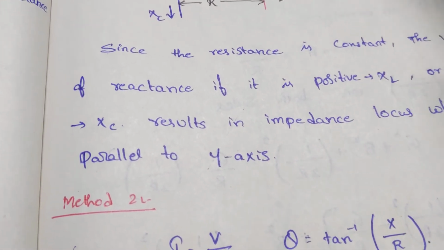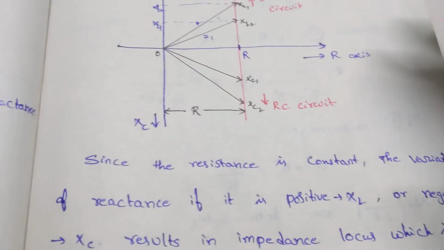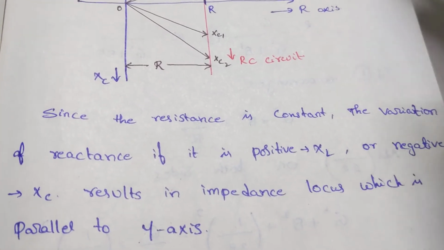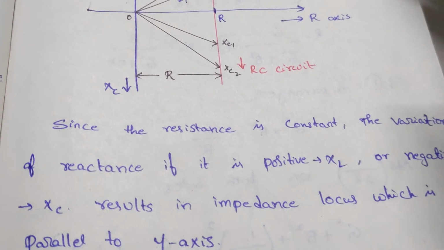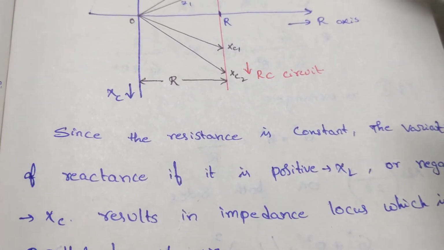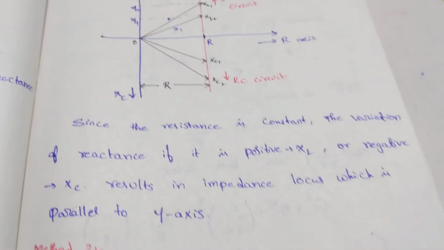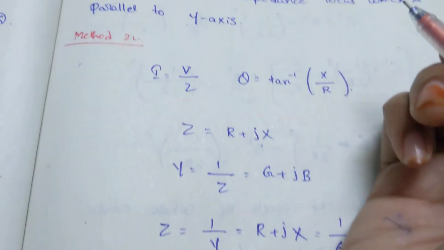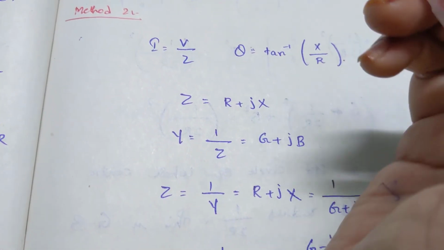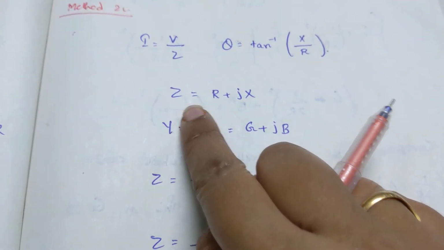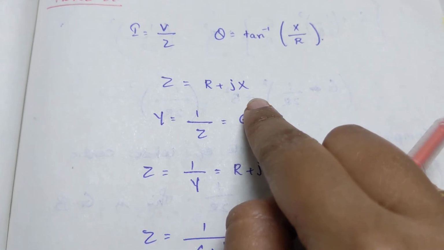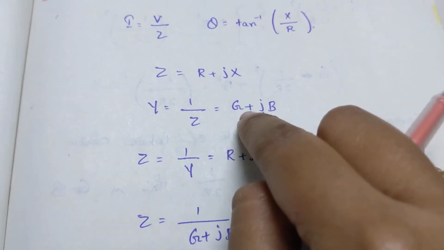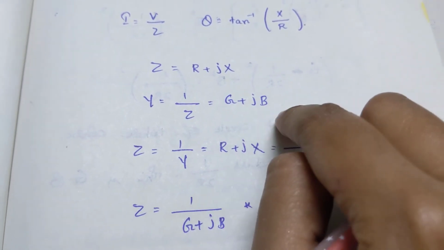The derivations we did in the previous case with respect to the current phasors, the same derivation we can also do for the impedances. Instead of I equals V by Z, we know that Z is nothing but R plus jX. The admittance is the reciprocal of impedance, which is G plus jB.